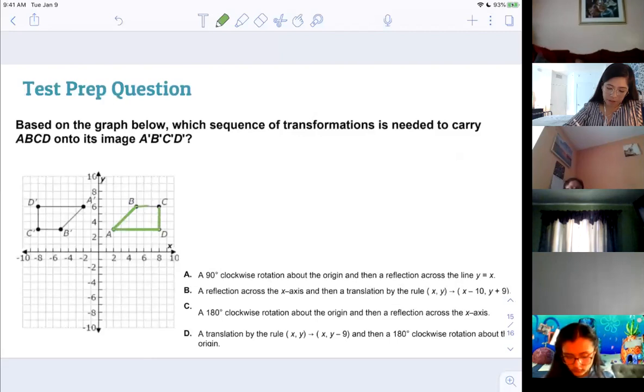So look at your answer choices, start reading the answer choices to yourself, and for each answer choice, I want you to visualize what they're asking you to do and see if that makes any sense.